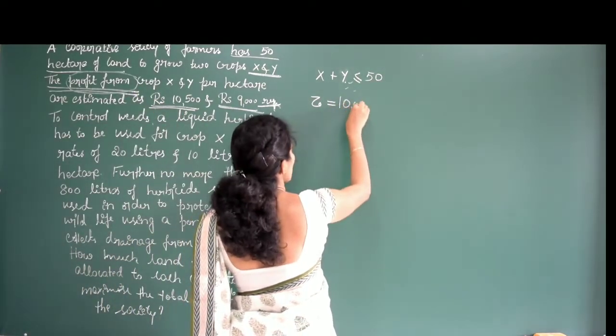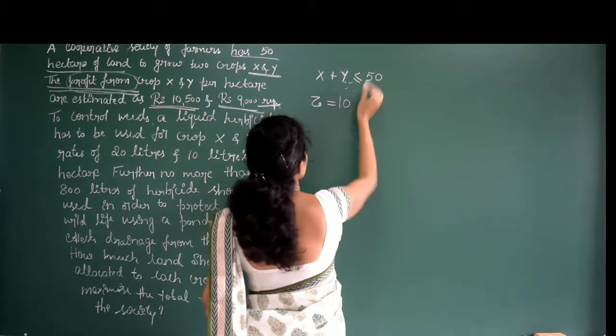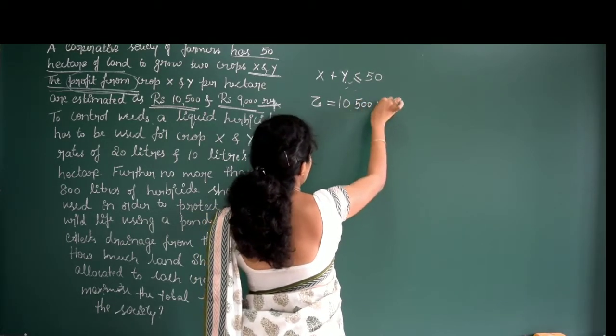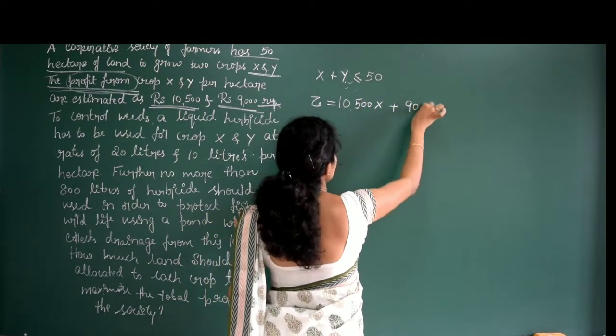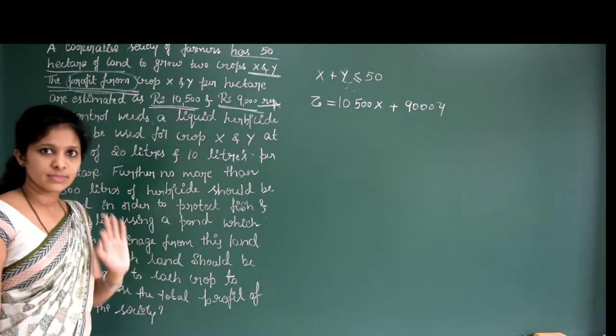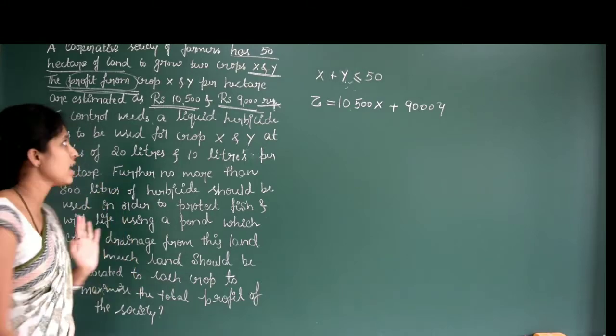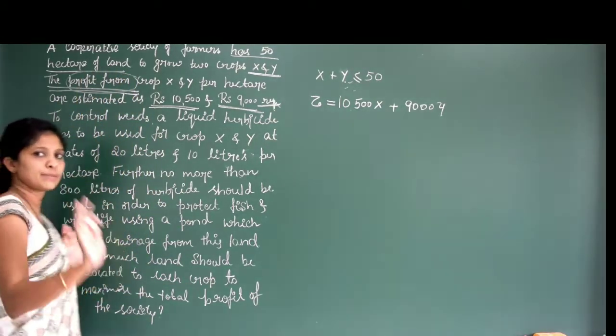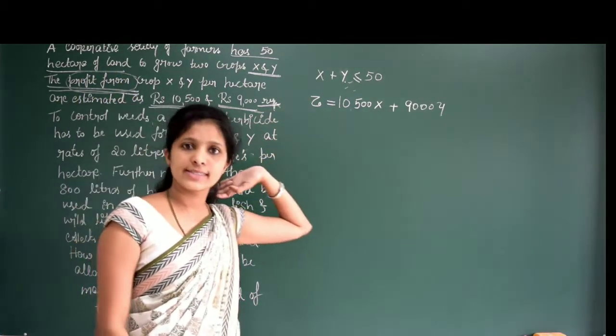So this is the value of Z. Remember, profit means always the objective function. Whenever you get profit, directly write that as Z.